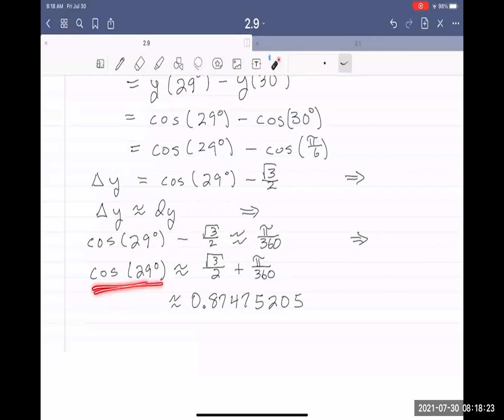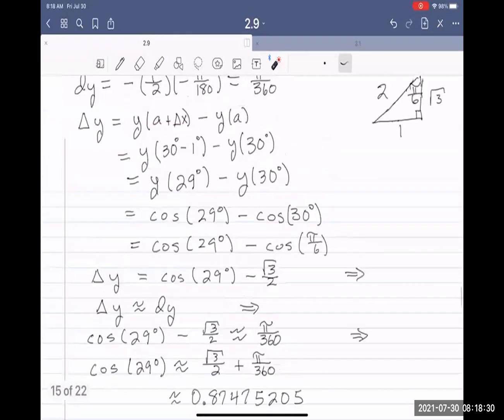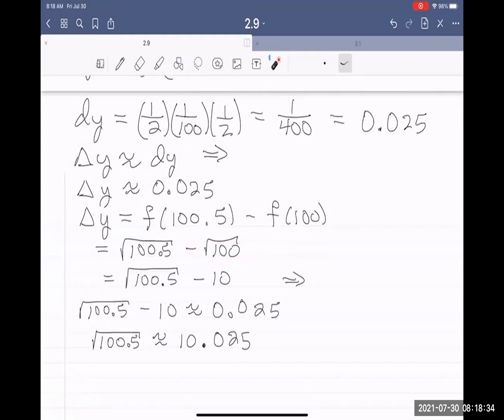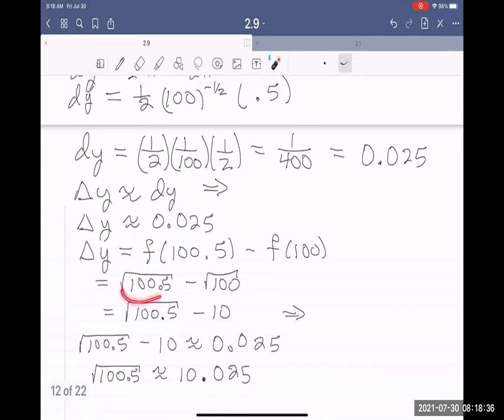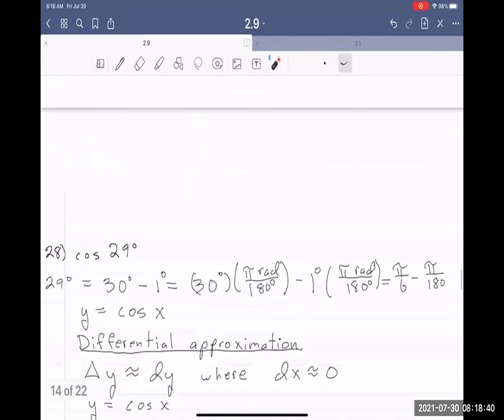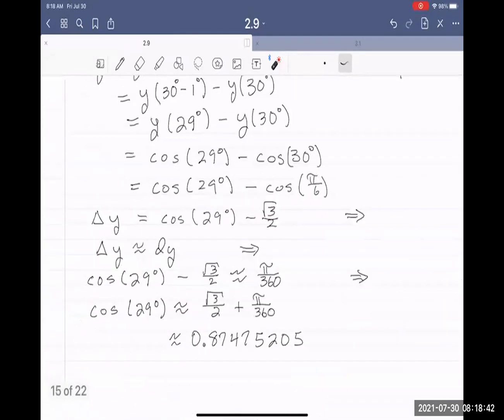Now, of course, you will have to be able to evaluate this at a nice number. So we use the fact that we could figure out the square root of 100 to figure out the square root of 100.5. We use the fact that we could compute the cosine of 30 degrees to approximate the cosine of 29 degrees.